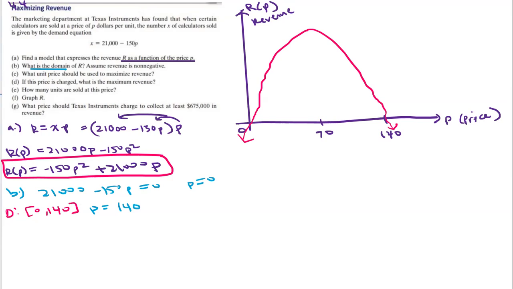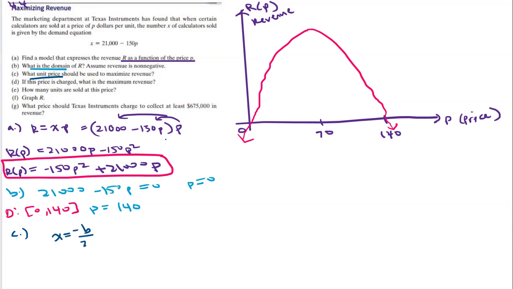Let's look at the next part, and it's asking for the unit price. What unit price should we use to maximize revenue? So this is going to be part C. Remember in our last section, we talked about maximizing something. We're going to use that same formula, X is equal to negative B over 2A.